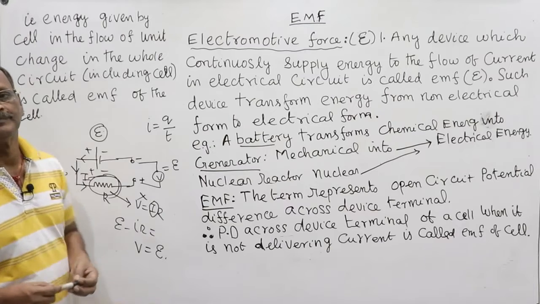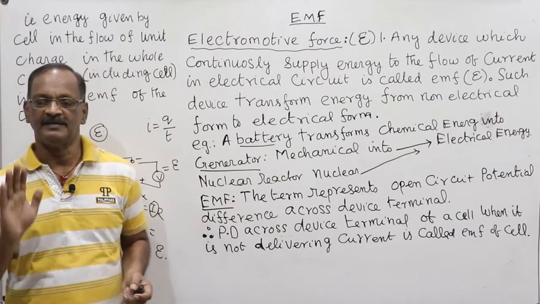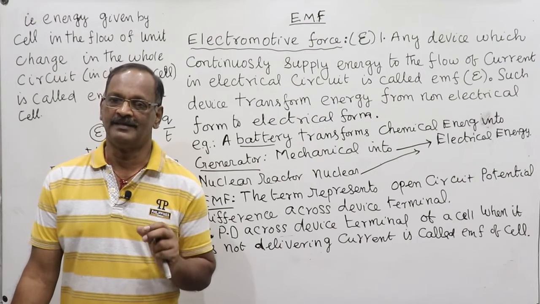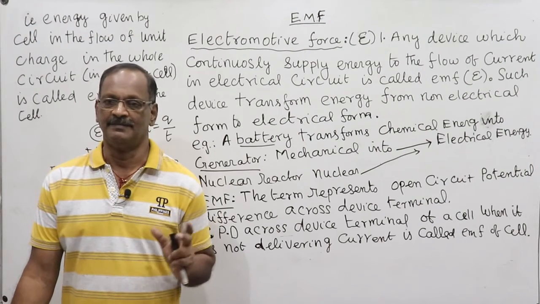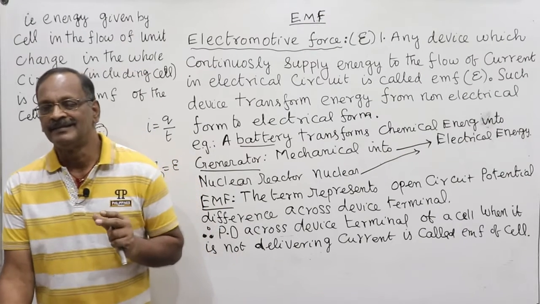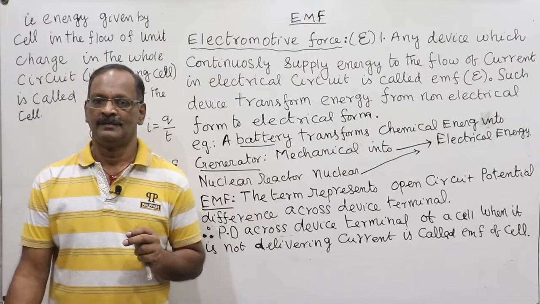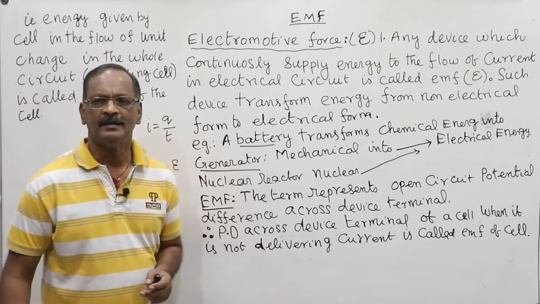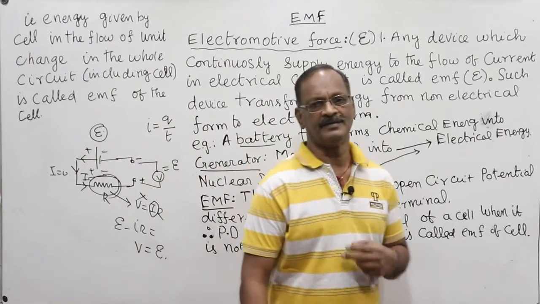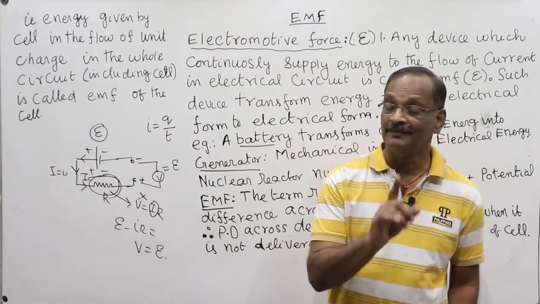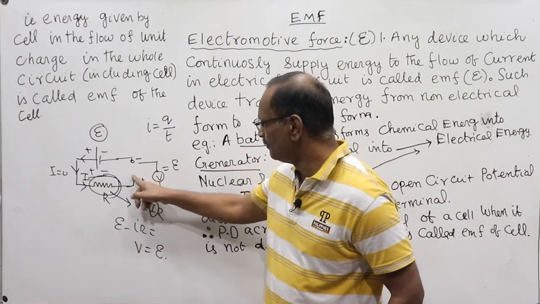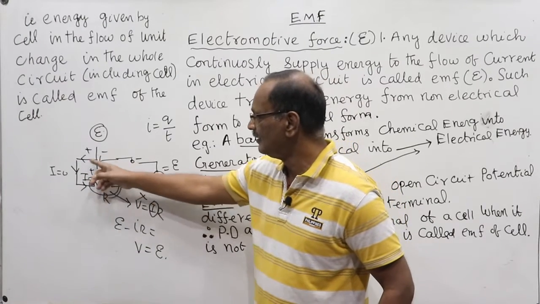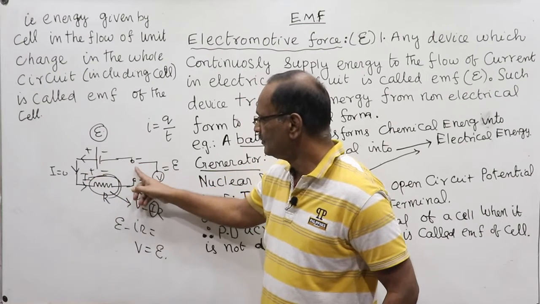So the term EMF represents the open circuit potential difference across the device terminals. Therefore, it is the potential difference across the terminals of a cell when it is not delivering current. When the circuit is open, it does not deliver current, because for current to flow, there should be a closed path.